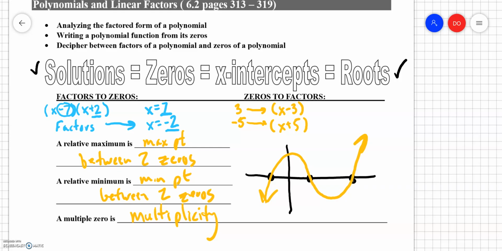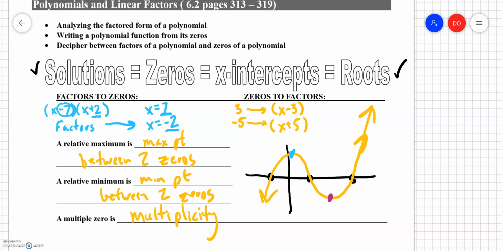So this point right up here would be considered a relative maximum. It's a high point on the graph between two zeros. It's not the highest point on the graph. Notice how this graph goes on forever. It continues. So it's not the highest point. It's not the maximum point for the graph, but it is between two zeros, as well as this point being a relative minimum, a minimum point between two zeros.